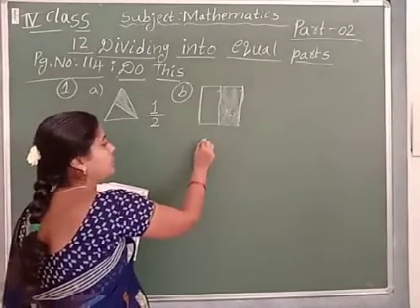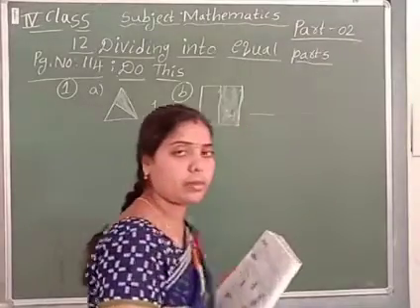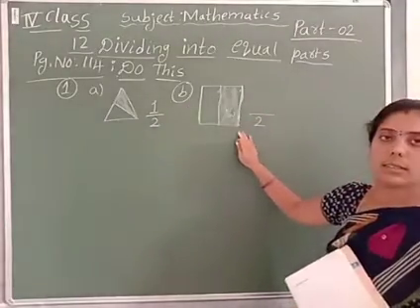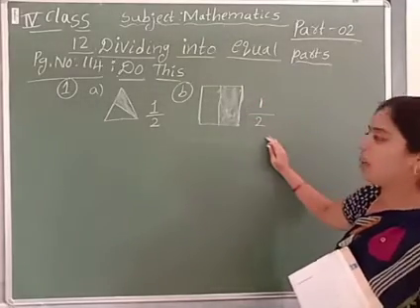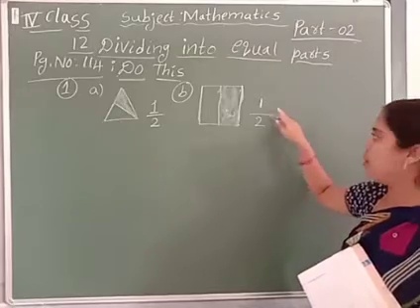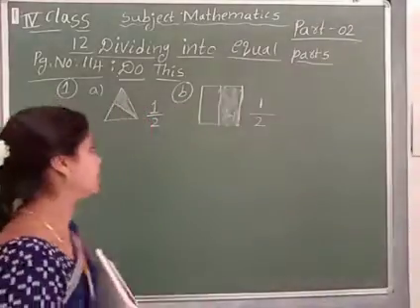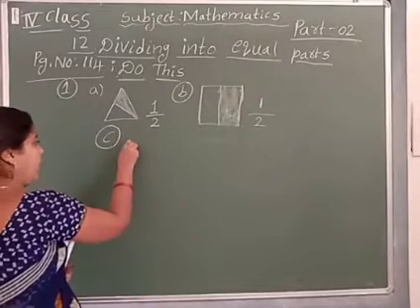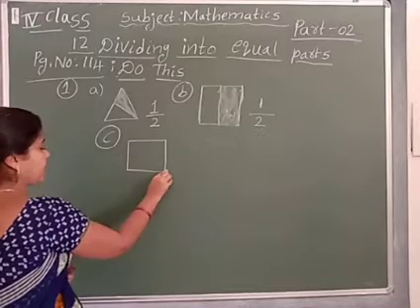So 2 parts, and 1 part only is shaded. So the numerator is 1 and the denominator is 2. Do you know, children? Denominator, numerator. Understand? C. See, here also a square shape.